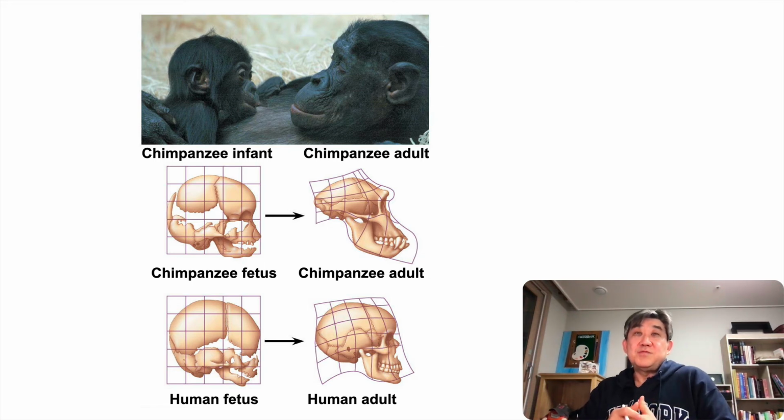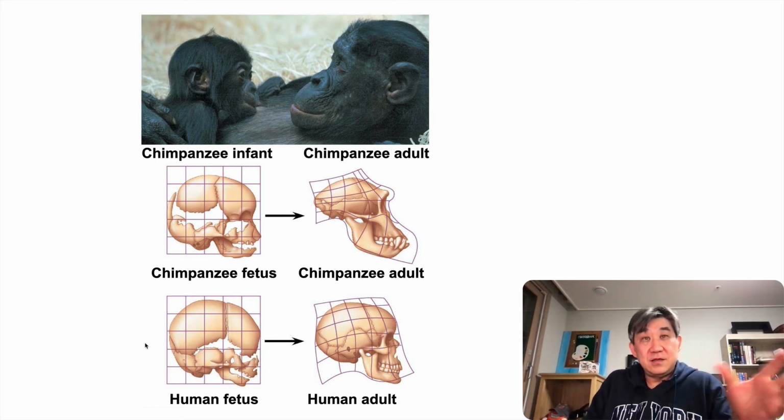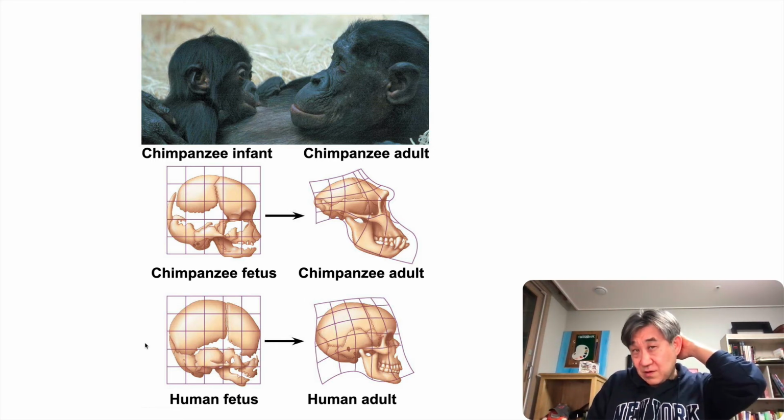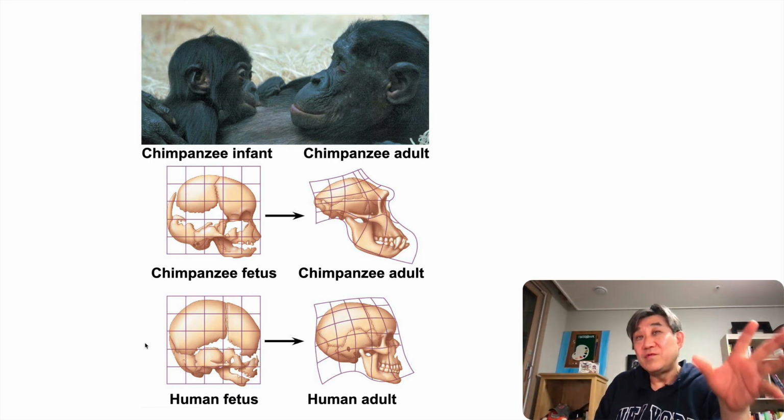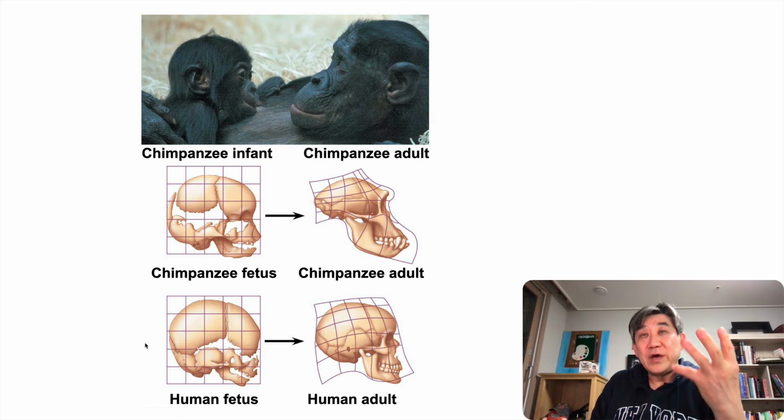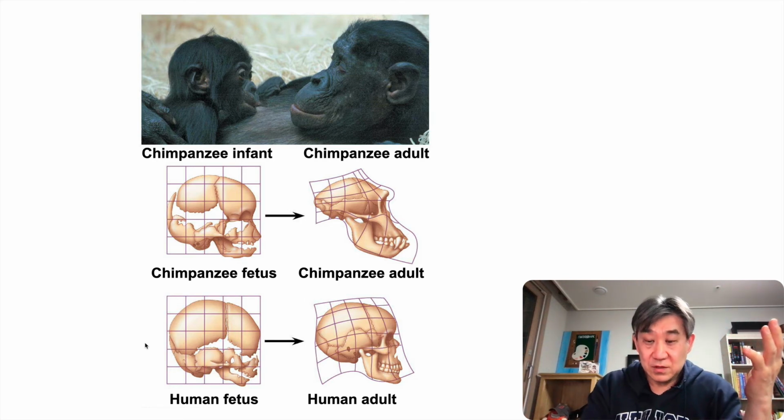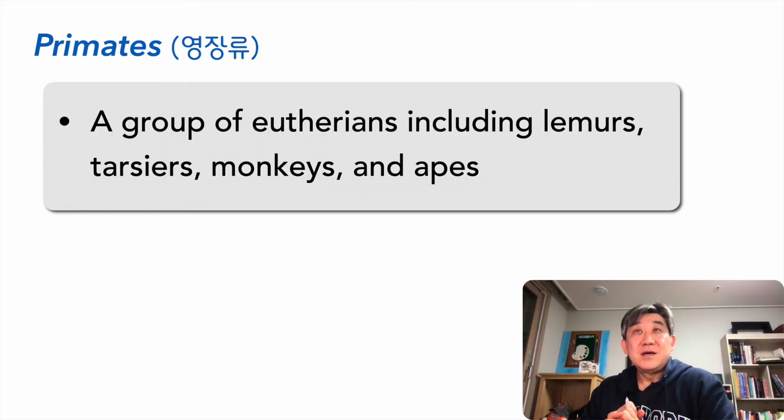If you look at this chimpanzee and human, we are told that chimpanzees and humans are the closest relatives of the two animals existing on Earth right now. So let's take a look at our history of evolution.